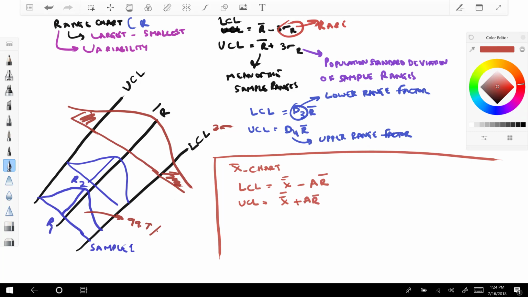Both the A's can be obtained from a factor table.